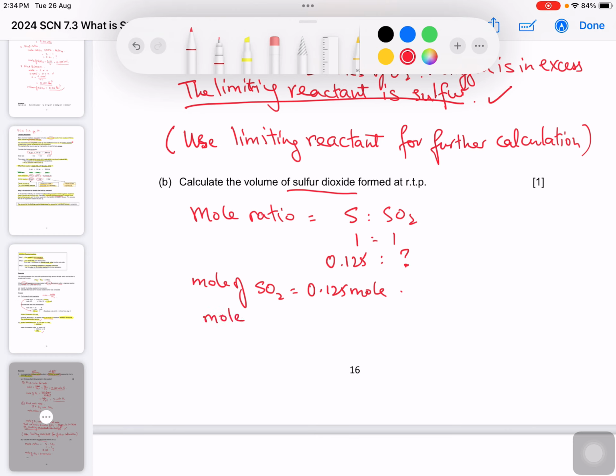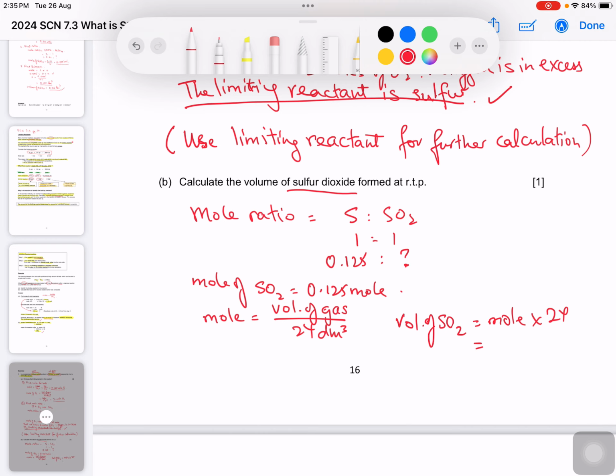Mole equals volume of gas divided by 24 dm³. So volume of SO2 will equal mole times 24.